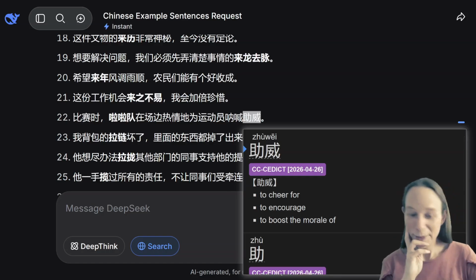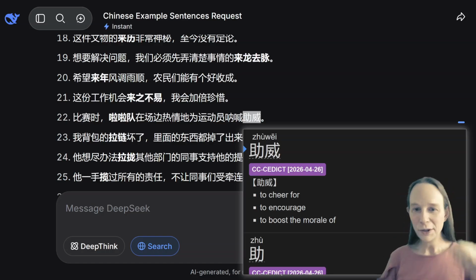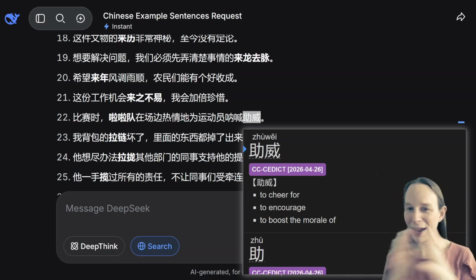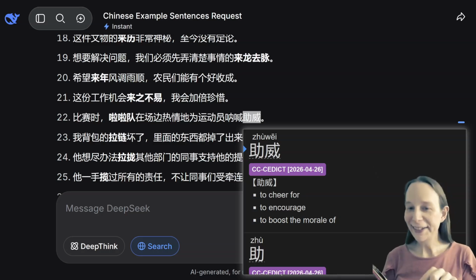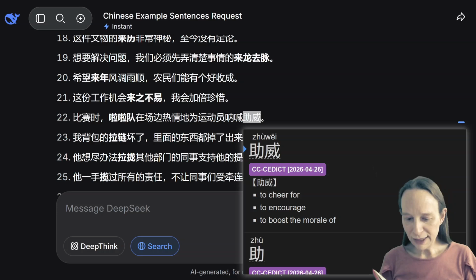I don't know this word, but I feel like I should know this word. 助威, to assist. 威 is kind of like power or something. So to assist their power. I'm going to have a look in the dictionary. Oh, 助威. It's colored in, so I've studied it at some point. 助威. 帮助壮大声势.